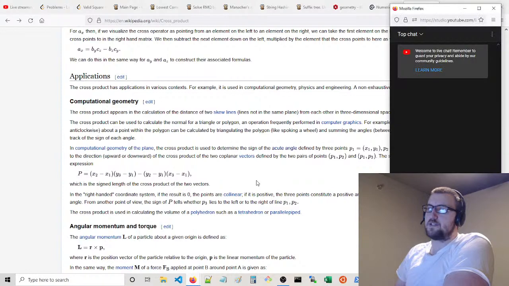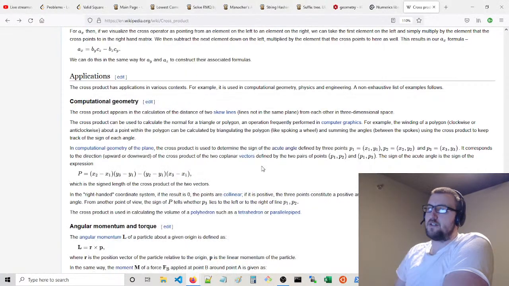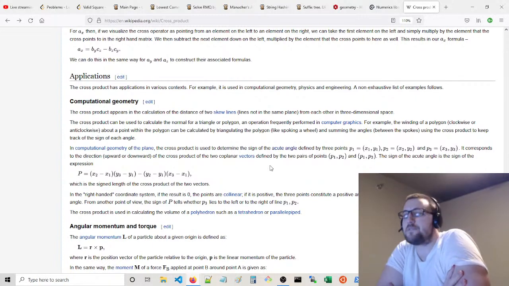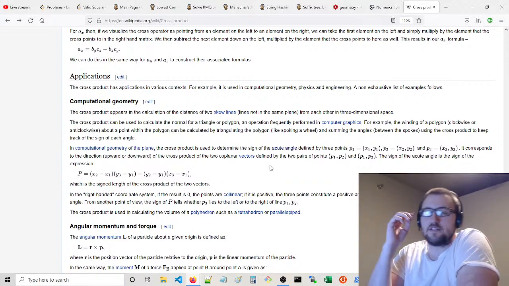Hung up on some things here. So even if we found all the vectors that we want, we still don't know the order. I guess it would be, we could rearrange them until they're correct.